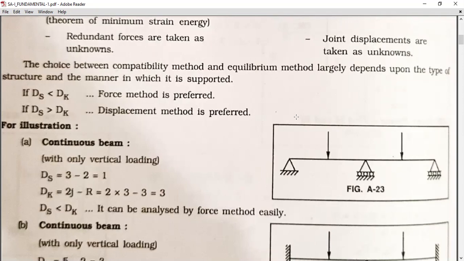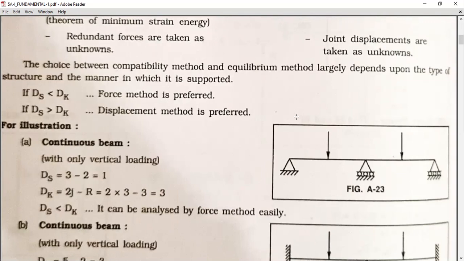For illustration, as the first example, we can show a continuous beam in figure A23, supported with three supports and loaded in the middle as shown in the figure. We can find ds is equal to 3 minus 2, which is equal to 1. How can we find it?